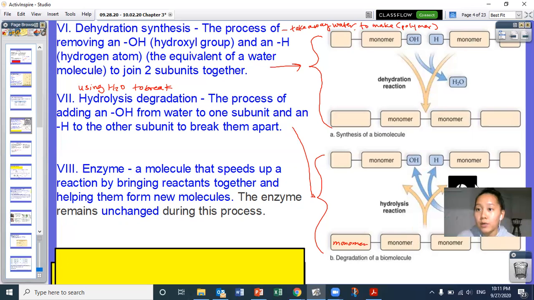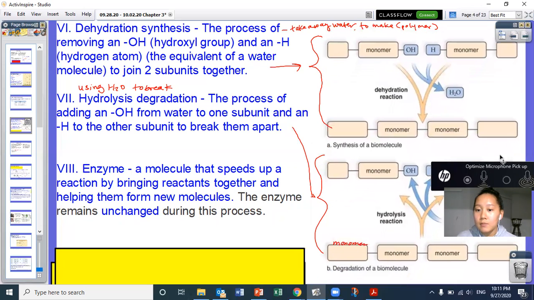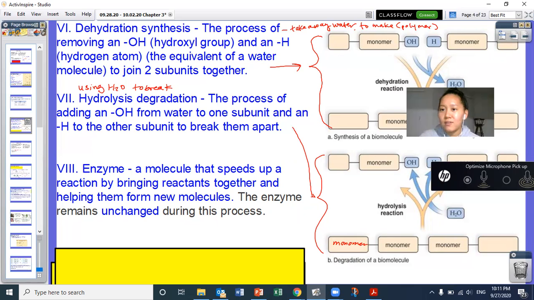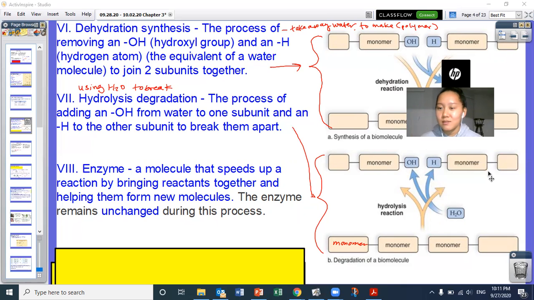So enzymes are important because a lot of the time when you have processes, you can't actually do them at a speed that is necessary for survival without enzymes. There are so many enzymes in your body, and these enzymes are actually protein molecules, and they remain unchanged. So once they're made, they're good to go, they're usable, reusable, and that's really important.